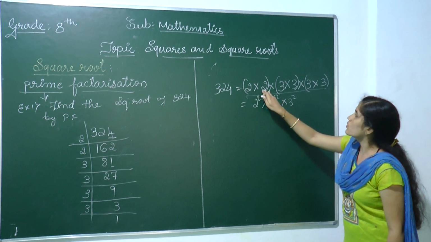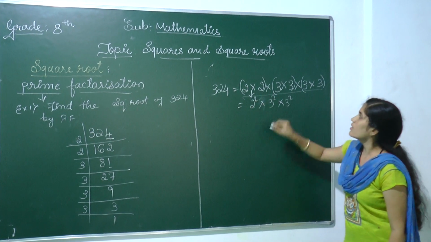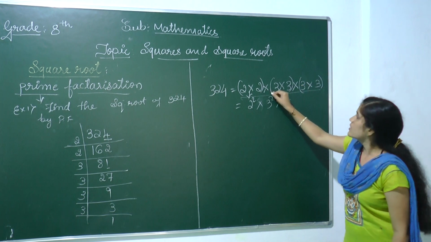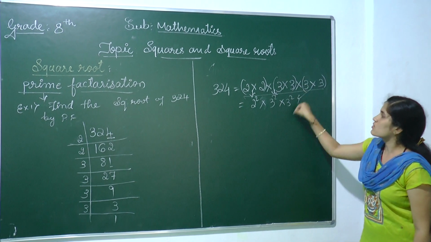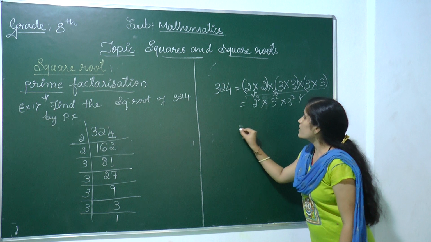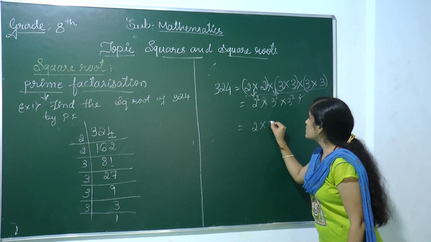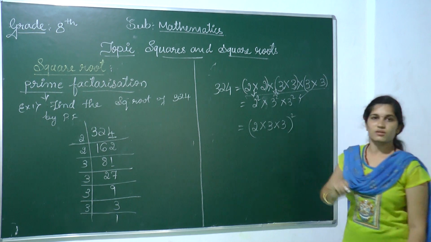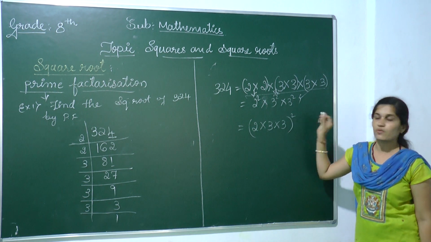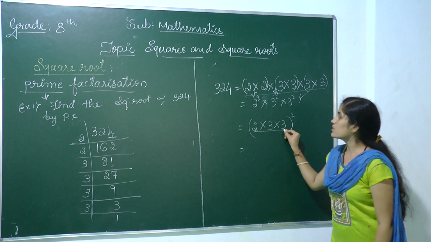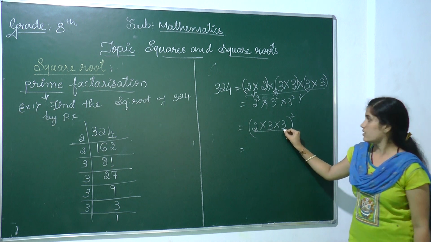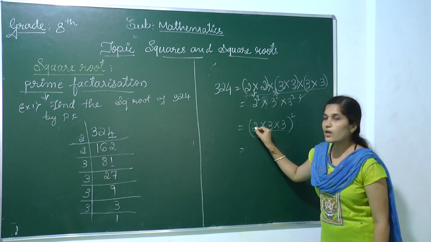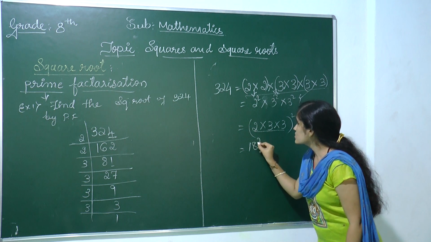Means 2 into 2 can be written as 2 square. 3 into 3 can be written as 3 square. And again this is also written as 3 square. Totally we can write it as 2 into 3 into 3, the whole square. Now multiply these numbers which appear in the bracket. 3 threes are 9, 9 twos are 18. 18 square.